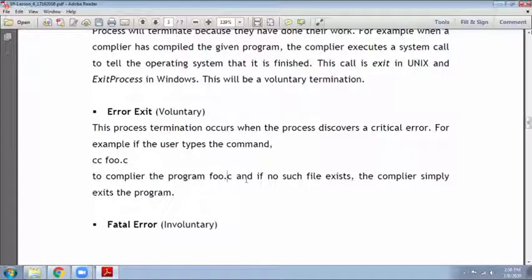And what will happen then is the compiler checks for your file in the directory. If the compiler finds no such file exists, what will happen?